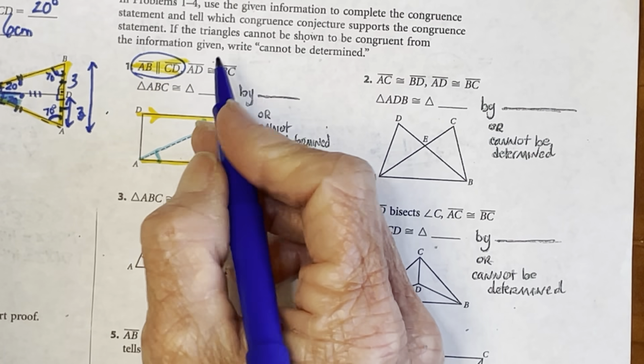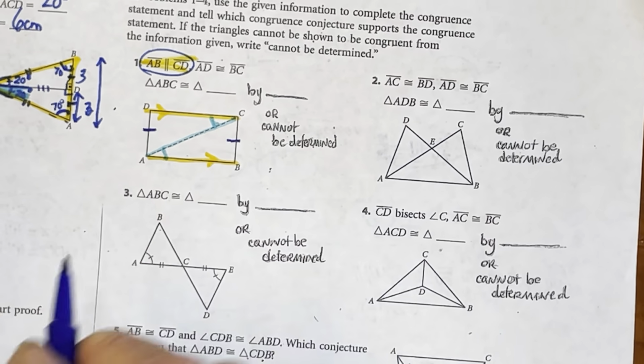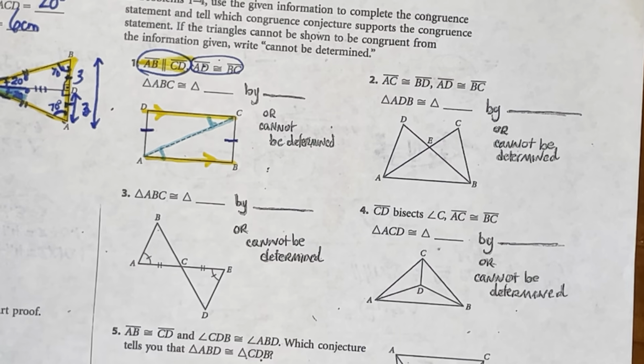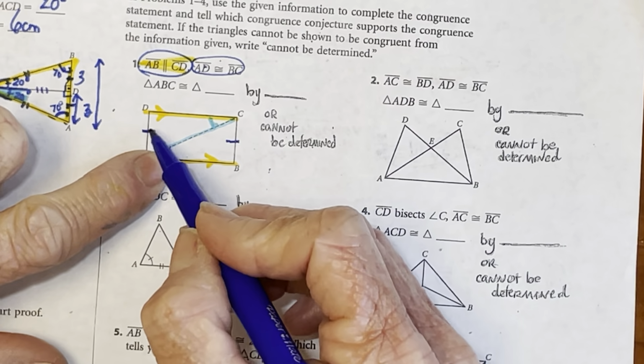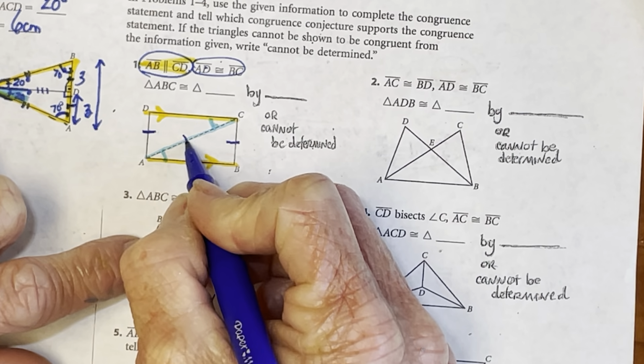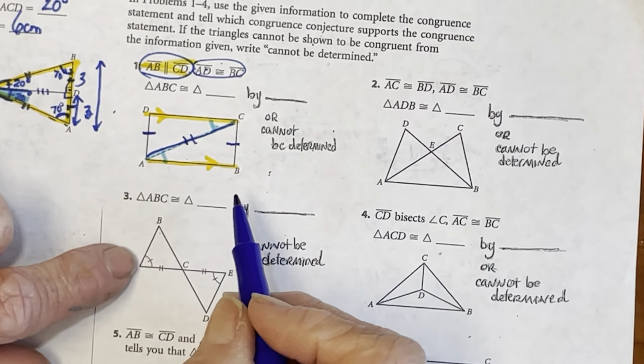Then they tell us that segment AD is congruent to segment BC, not parallel, but congruent. So we've taken care of that. So we have an angle and a side. And the only other thing I know is that this segment that they share is congruent to itself.